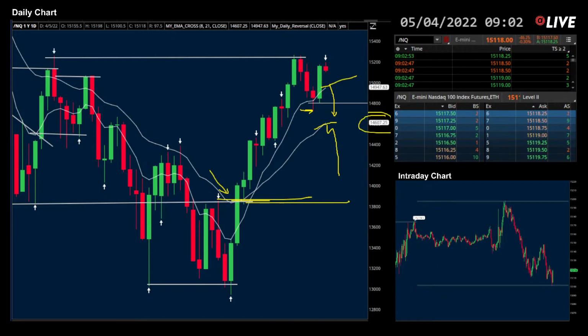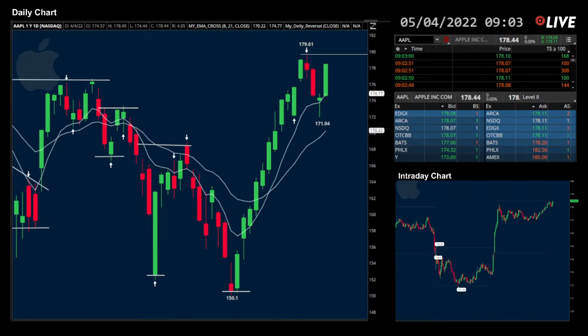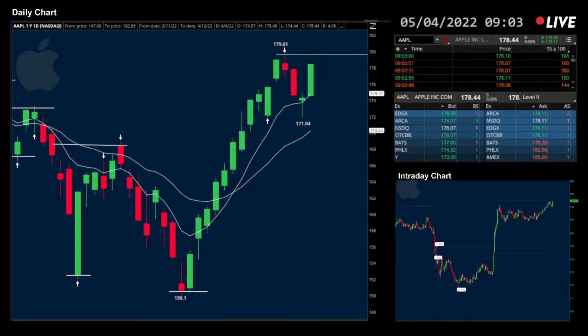Where am I going to see it? I'm going to see it in the leaders. What are the leaders? We have been seeing amazing relative strength, for example, on Apple. Yesterday Apple had a big move, bounced perfectly from the 8-day moving average at 174, closed at 178, and right now is trading at 178.